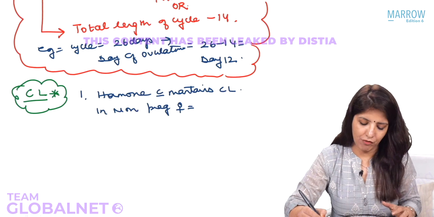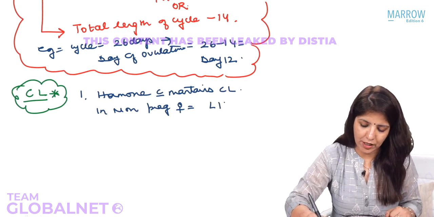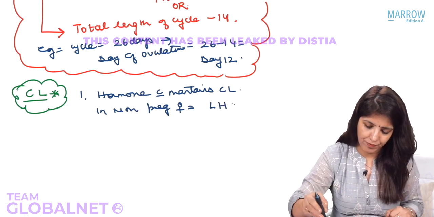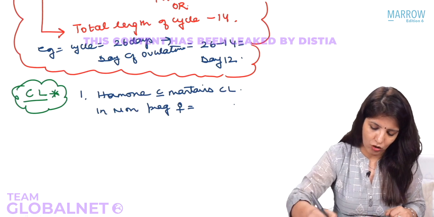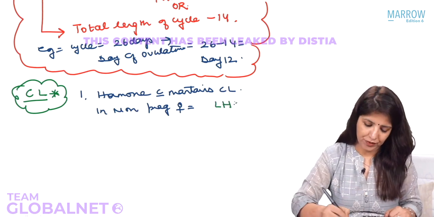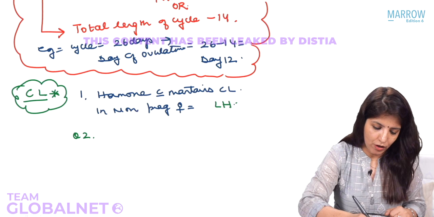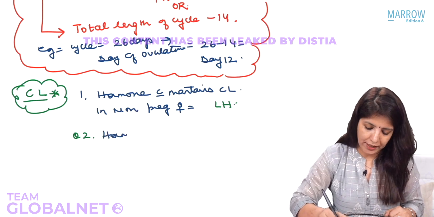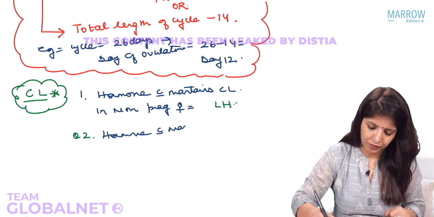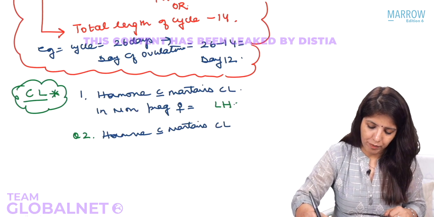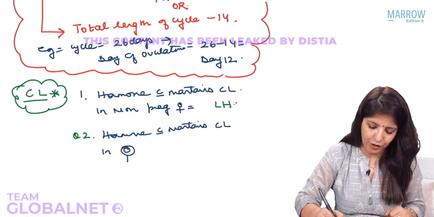In a non-pregnant female, corpus luteum is maintained by hormone LH. I'm writing it with a different color, hormone LH, right? Question number 2, hormone which maintains corpus luteum in a pregnant female.